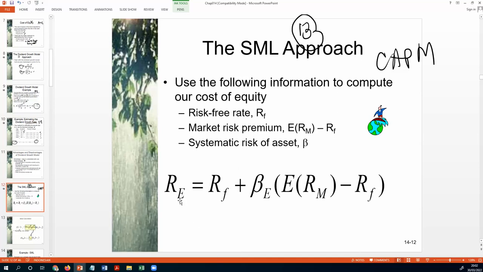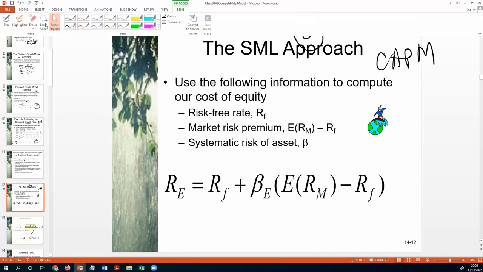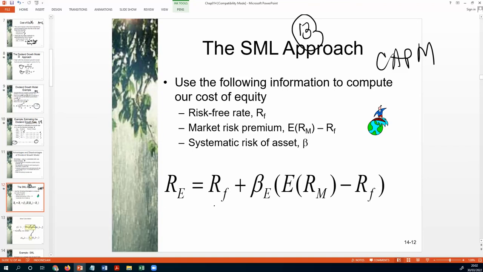The expected return on the equity equals the risk-free asset. What is a risk-free asset? A risk-free asset is an asset which has no risk at all, what we call SUN, Surat Utang Negara, government bonds. That is the risk-free asset, supposedly, because if it fails, then the company is bankrupt. So the risk-free asset is SUN.